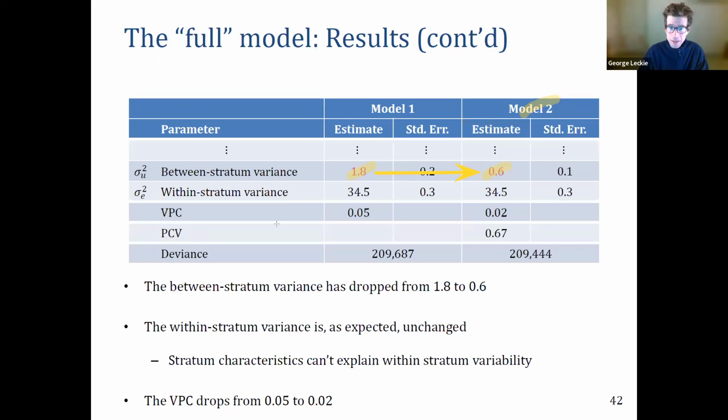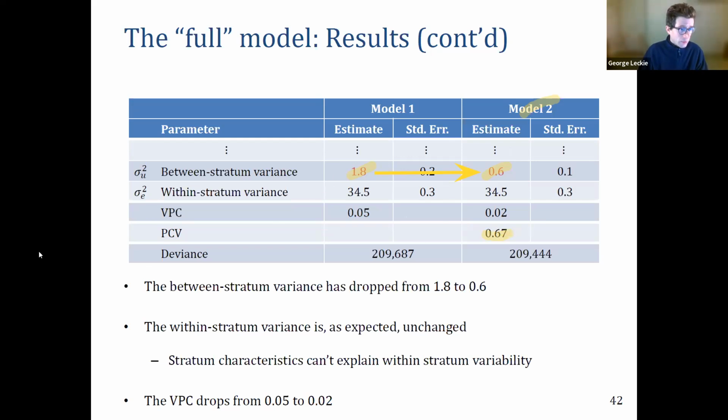And that's what this PCV statistic is here. This PCV statistic is saying what proportion of the stratum variance is explained by the main effects, and you can see it is 0.67, which is 2/3.